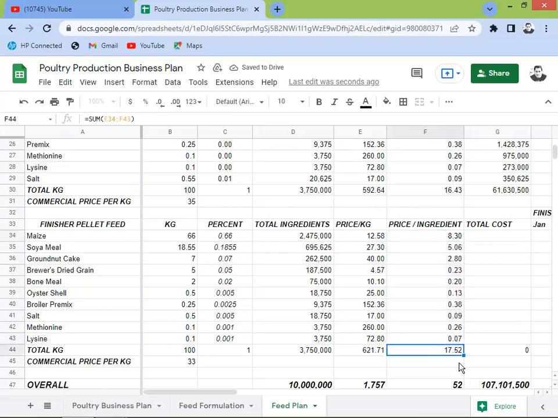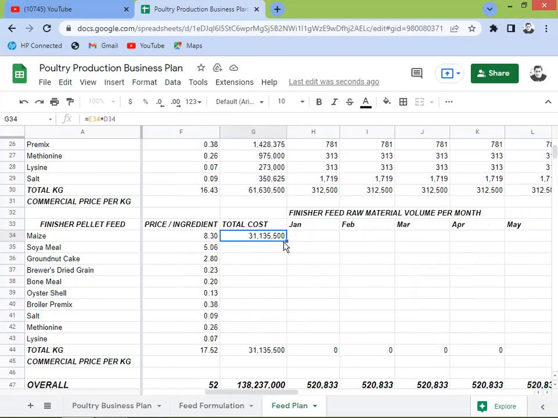So for the finisher pellet feed, the price per ingredient is higher compared to the grower crumble feed. So it is 17.52. Okay. And then we're going to get the total cost, which equals the price times total ingredients. That's correct.